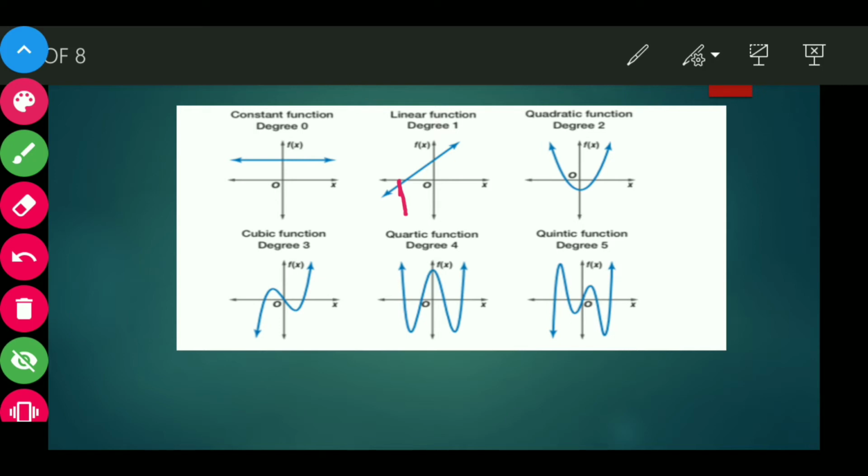Here the axis is intersected 2 times, so the degree is 2. Similarly here 3 times, so the degree is 3. Here the degree is 4, and the degree of the polynomial here is 5. That means the number of times the graph of a polynomial cuts the x-axis is its degree. Let's move to the next topic.